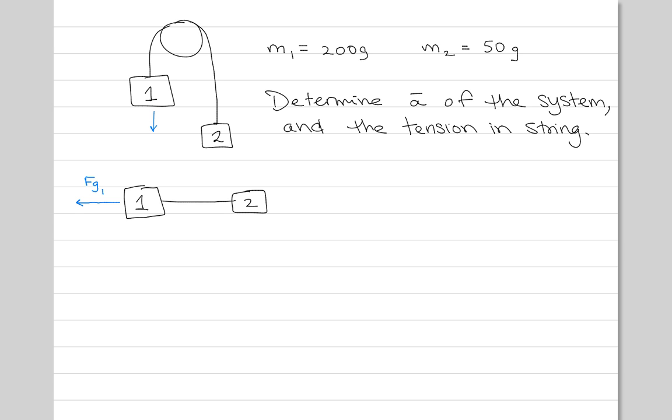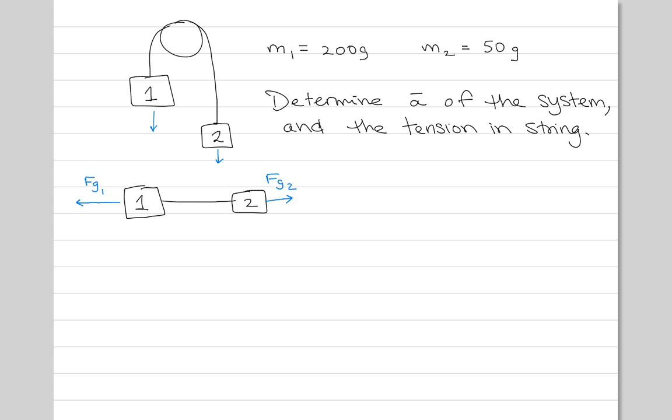What's the opposite of that? Because 2 also has gravity on it as well, right? Except the force of gravity on 1 is slightly larger. So we can point this way with FG2. FG2 opposes FG1.